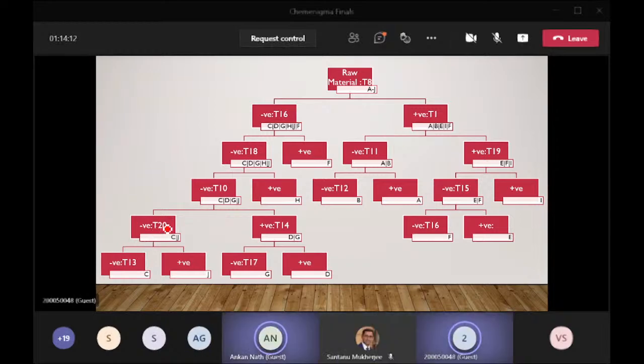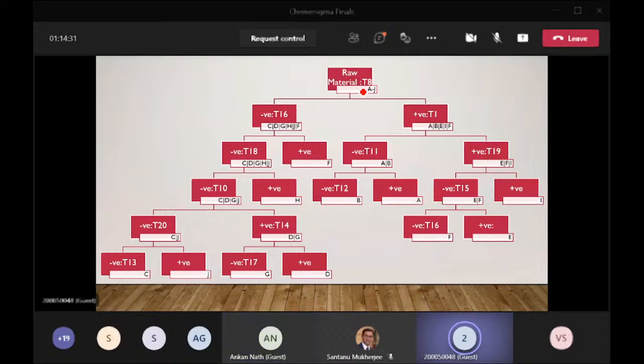The test over here in the block above, its result is listed here. So this is a negative result for T20, and then we're doing T13. Does that make sense? Like you can look at it over here.